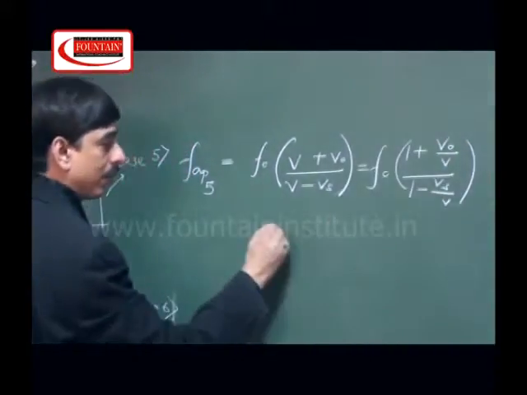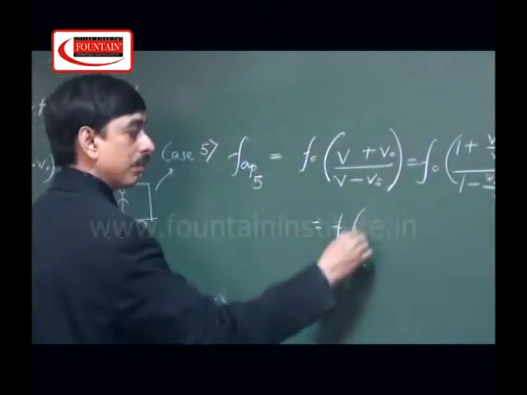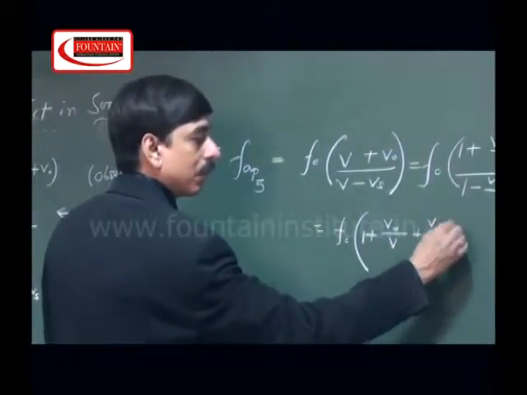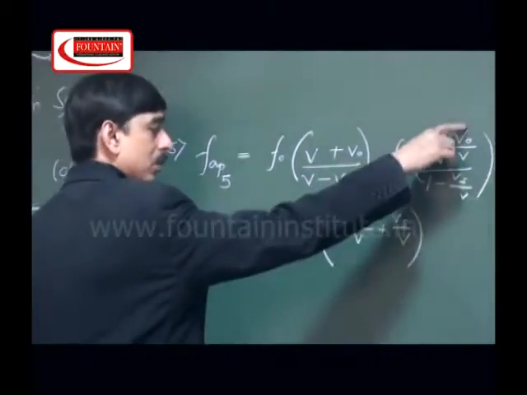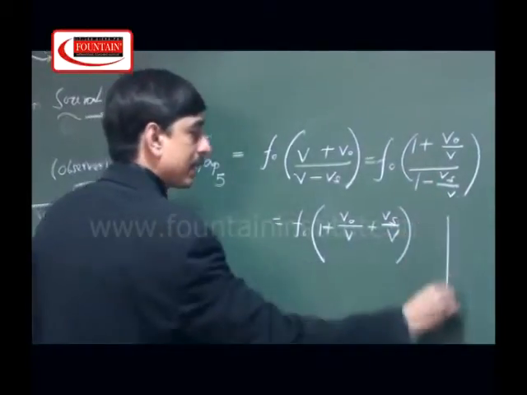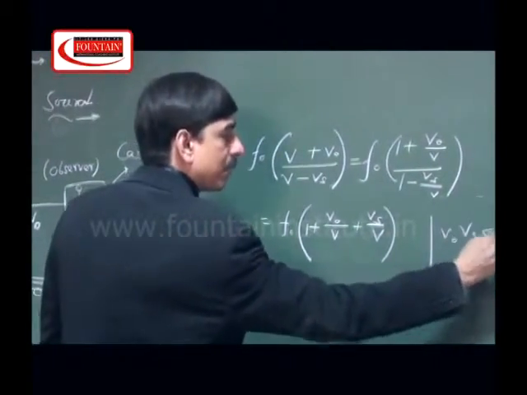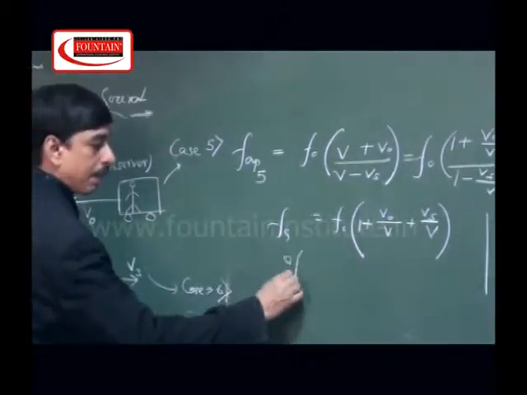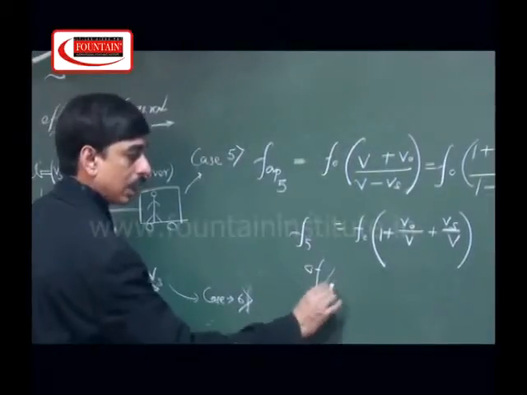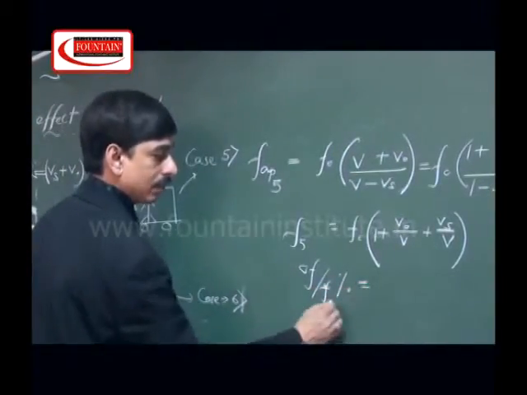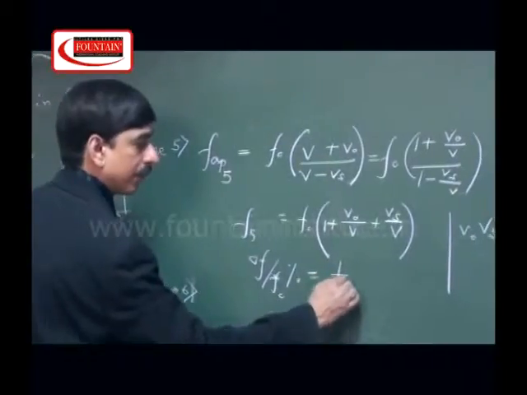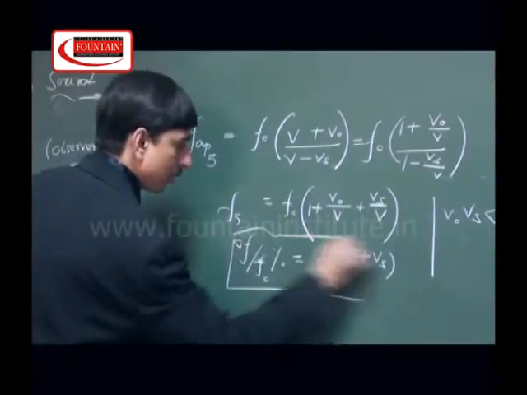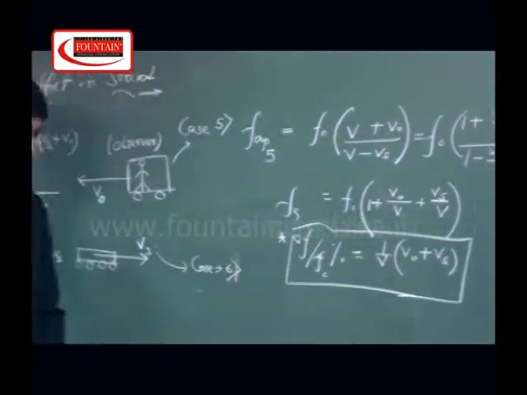I am dividing by v, and by using the binomial theorem we can write it as 1 plus v0 by v plus vs by v, since the product v0 vs is very small compared to v squared. So we get the apparent change with respect to the initial as a percentage equal to 1 upon v times (v0 plus vs). This is very important from the IIT point of view.